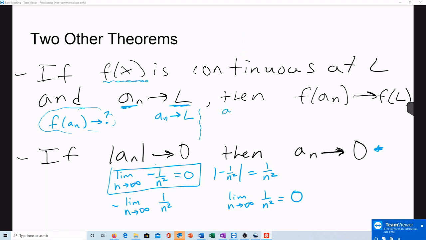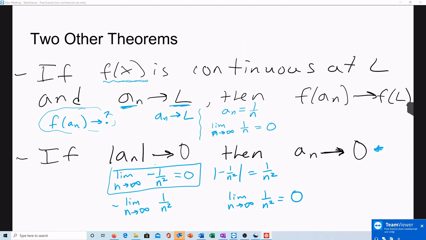Something like a sub n is 1 over n. All right, so then I know that the limit as n goes to infinity of 1 over n, well, that's equal to 0. So then if I apply any function that's continuous at 0, I know what the limit of that sequence is going to be.